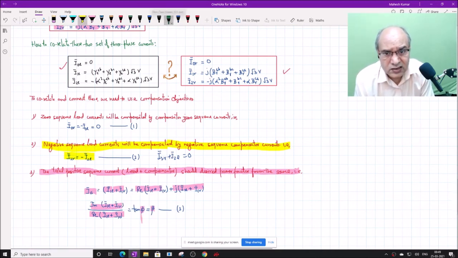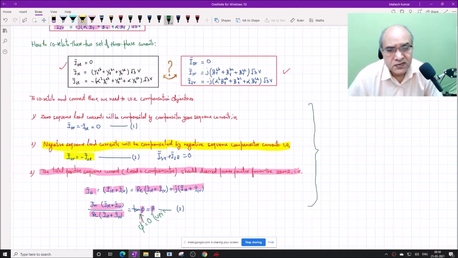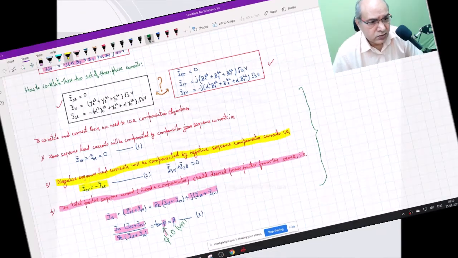So in that case this will be 0, phi will be 0 for unity power factor, UPF operation, or if we want 0.8 power factor lag, then it will be tan of 30. So based on that, the third condition. Okay, using these conditions we will formulate the expression for the compensator susceptances. That I will continue in the next class.